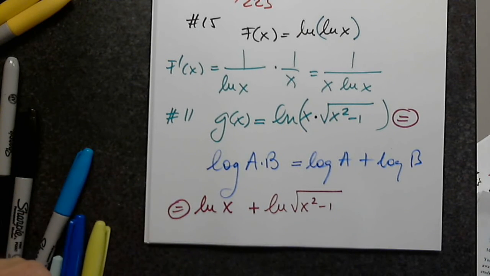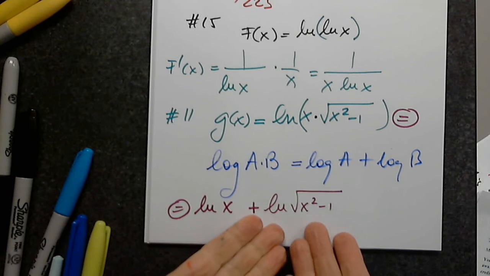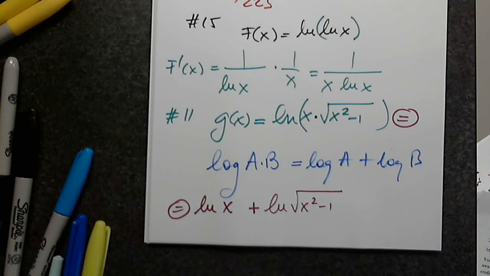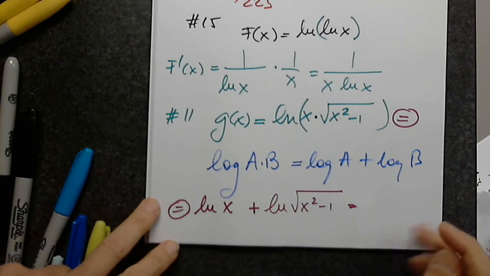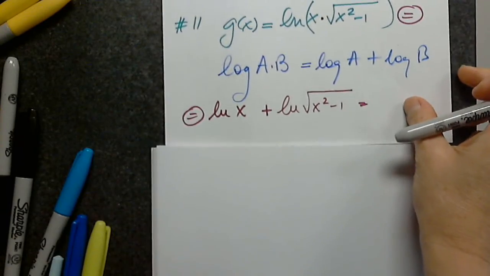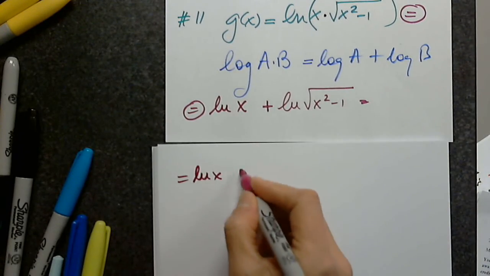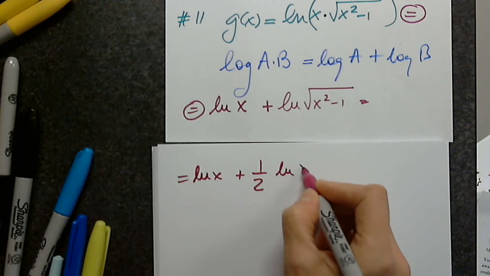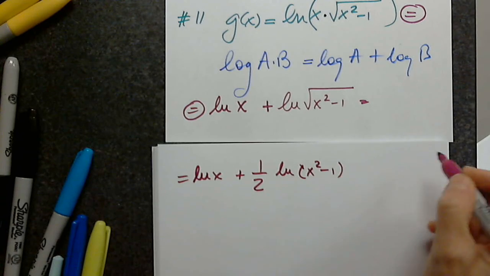Good. Now there is a property of the logs that allows us to take the power in front as a factor. There is nothing I can do here, but there is something I can do here. So this is why we did this in pre-calc. Condensing and expanding logarithmic expressions. So this will become natural log x plus 1/2 natural log of x squared minus 1.